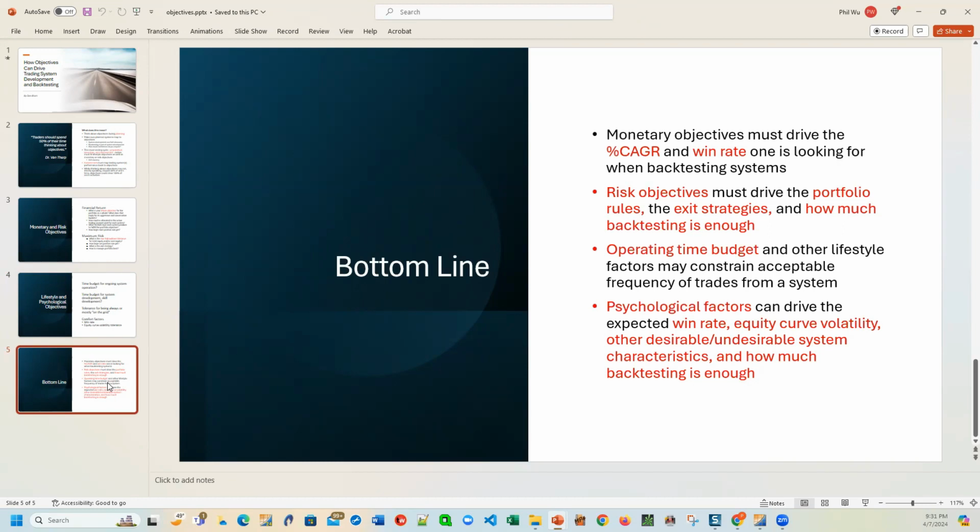I think the EdgeRater templates and things like that really help by saving you time and giving you access to a wider range of systems. And then there are other psychological characteristics that drive what parameters you need for your systems, and therefore what is worth your effort to backtest. Okay.